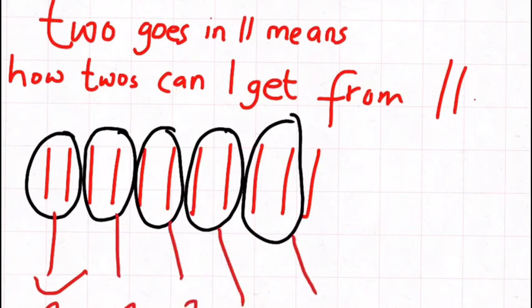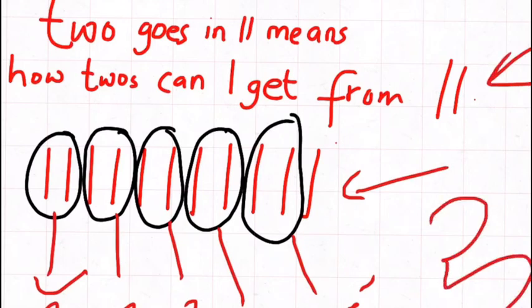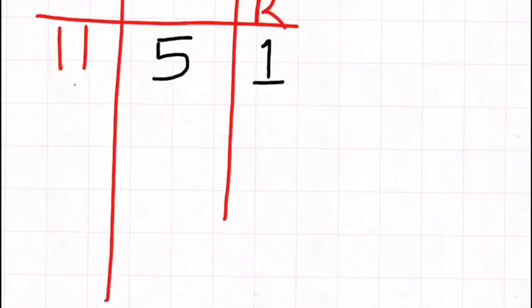This is 1, 2. This is another 2. This is another 2, 3, 4, and 5. And there is 1 which is remaining. So I can say that if 2 goes into 11, I'll get 5, remainder 1. So I'll just put it out here.